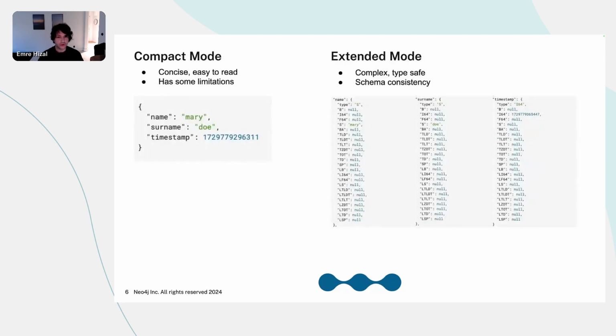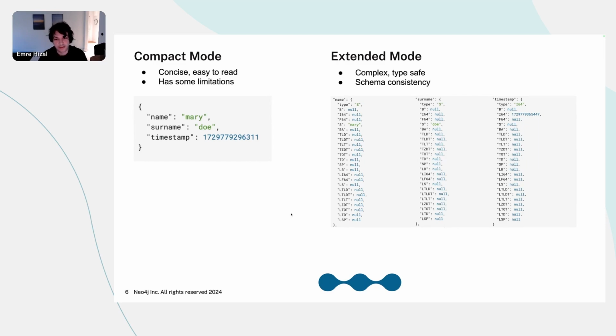If we want to talk about compact and extended modes, I have some examples here. First of all, compact mode: it's concise, easy to read, but it has some limitations. On the left-hand side of the screen, you can see the compact mode example. It's a pretty simple JSON structure. You can also see the corresponding extended mode version of what you see on the left-hand side here.